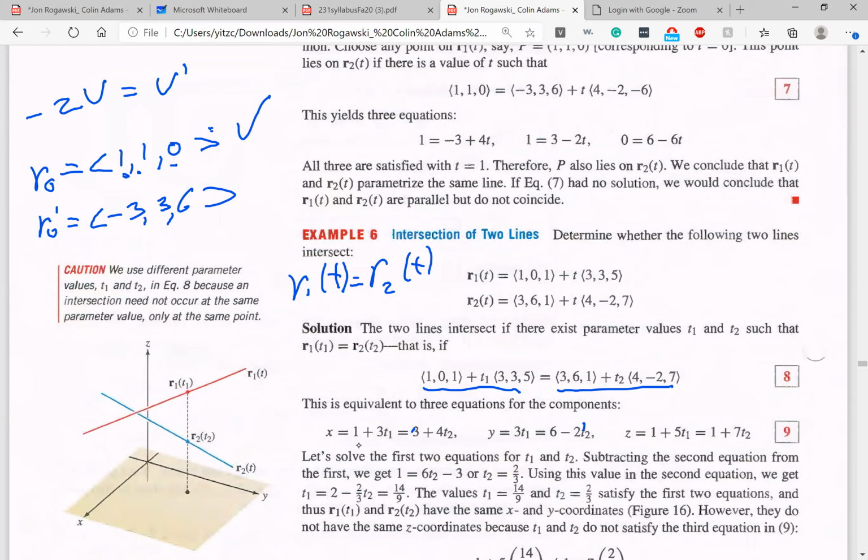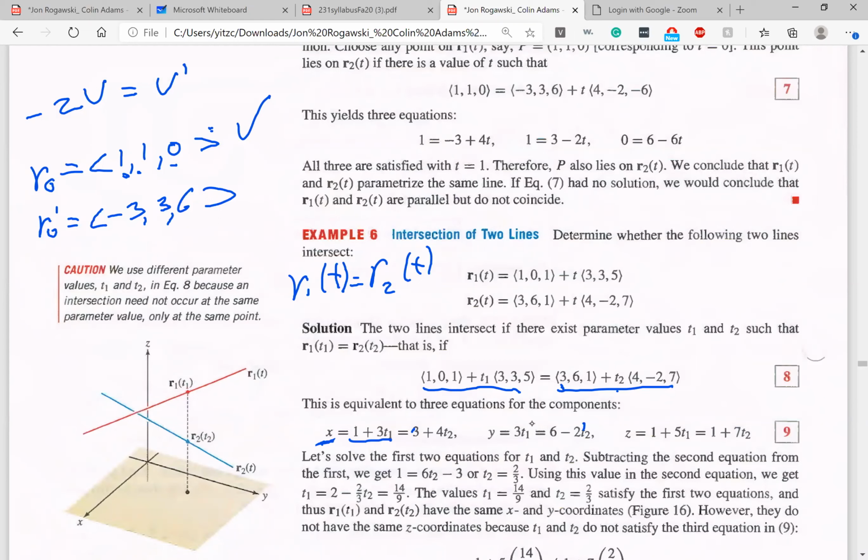And then for the x coordinate to intersect, you need that the x part, 1 plus t1 times 3 over here, should be equal to the x coordinate over here. So that's 3 plus t2 times 4. So this is the x coordinate.